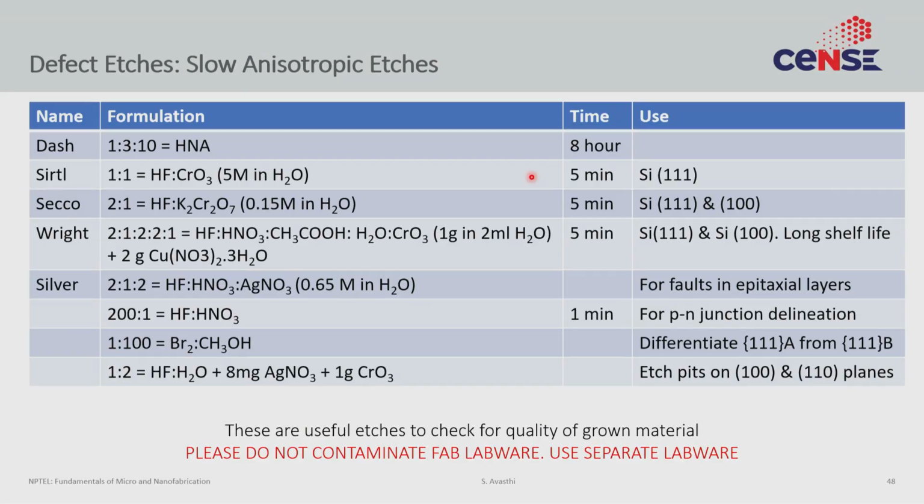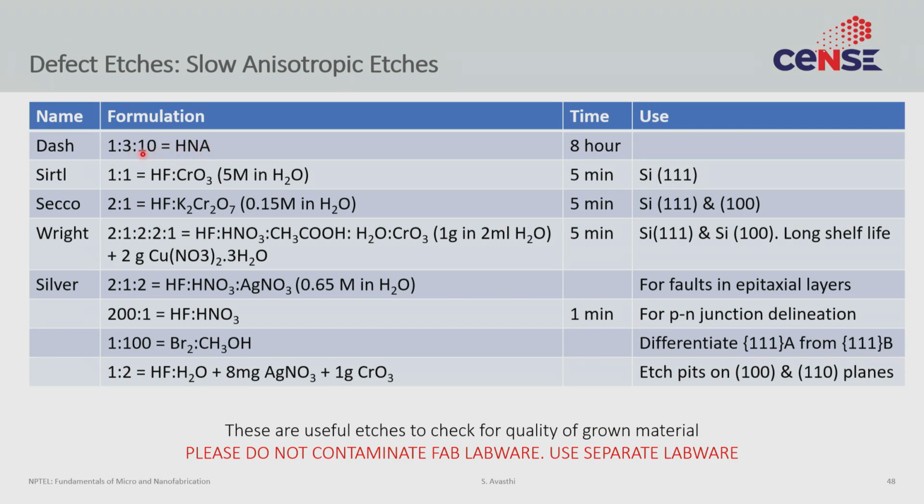What sort of defect etches are used? Well, there's a whole library of defect etches. If you look at the slide, you can see some of the more popular ones. Very old is what is called a Dash etch, and that is just a modified HNA etch. So this is an isotropic silicon etch, and this is one where it's a very dilute solution.